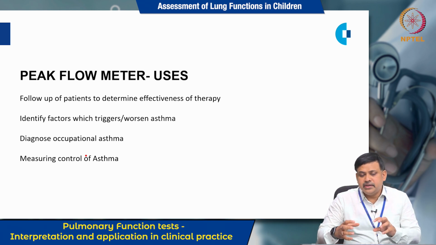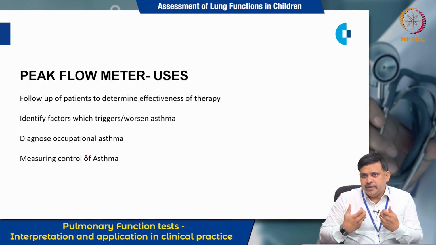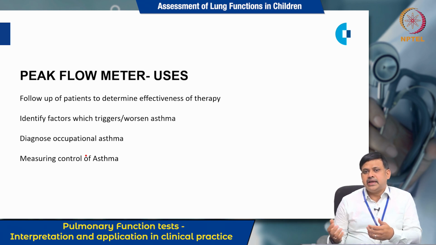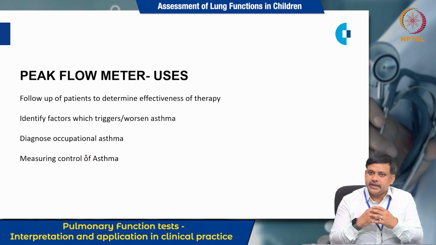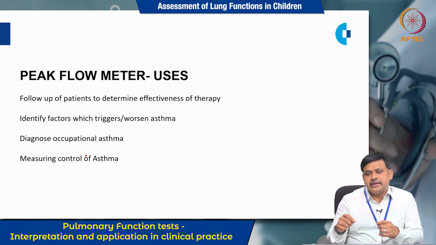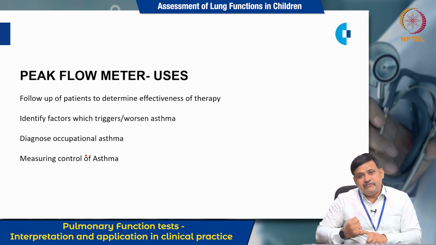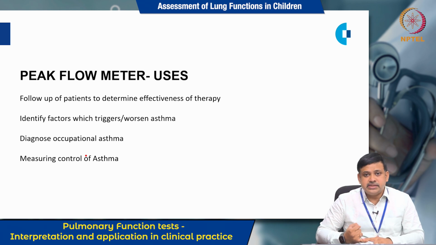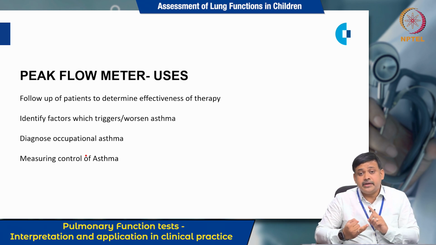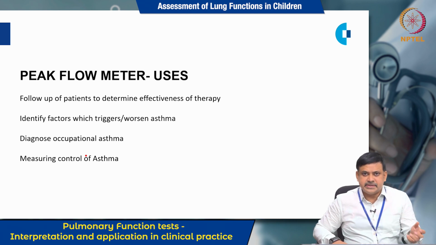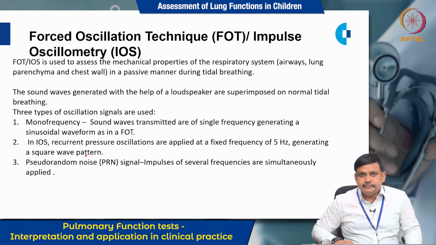Because it is a simple mini peak flow meter, they can take it home and keep a track on it. It is also used to identify factors which trigger or worsen asthma, to diagnose occupational asthma, for example in industrial areas, and to measure control of asthma. These are the main 4 uses of the peak flow meter.